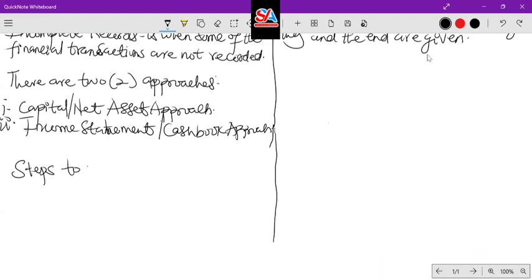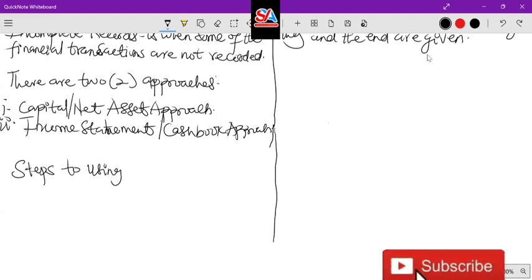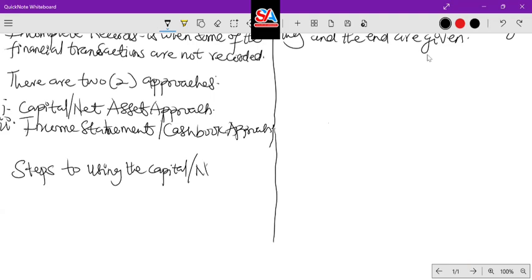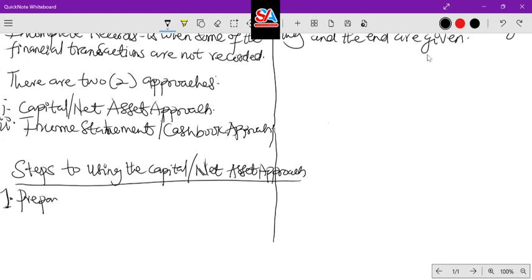Steps to using the capital or the net asset approach. One, prepare the statement of affairs.